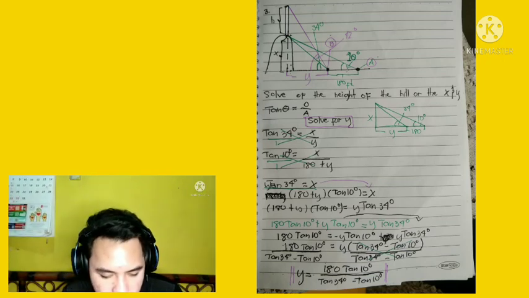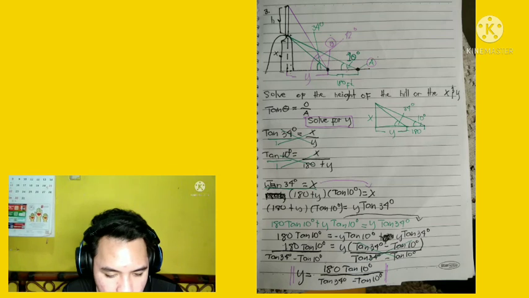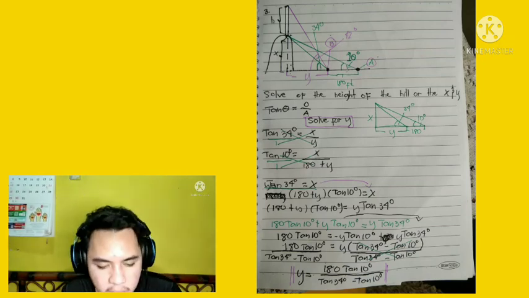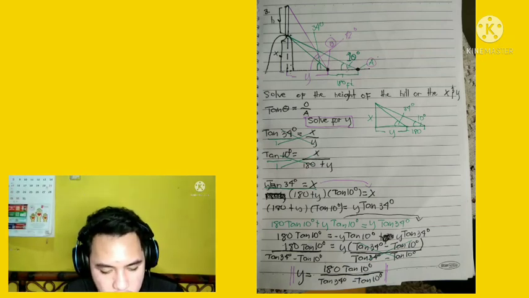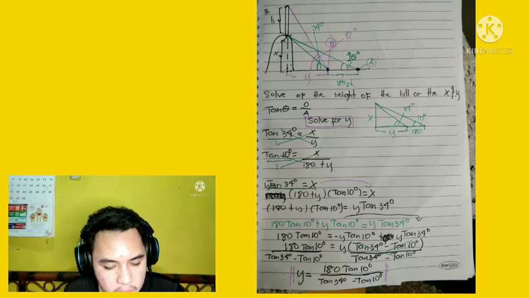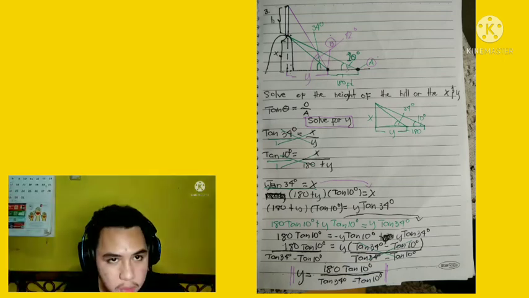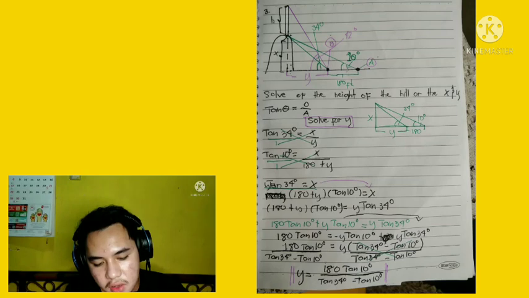So first, we need to solve for the height of the hill, or the x, and the y, which is the adjacent of our triangle here. To solve, we use the formula again: tangent theta is equal to opposite over adjacent.